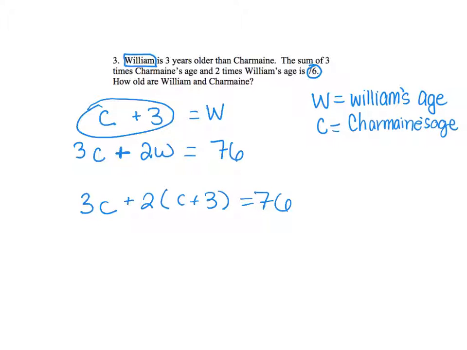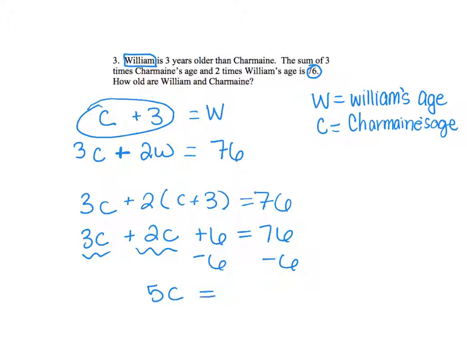So this becomes 3C plus 2C plus 6 equals 76. I'm going to combine my like terms and subtract 6 at the same time to get 5C equals 70. From here, I'm just going to solve for C, so I'm going to divide by 5, and I'm going to have C equals 14.